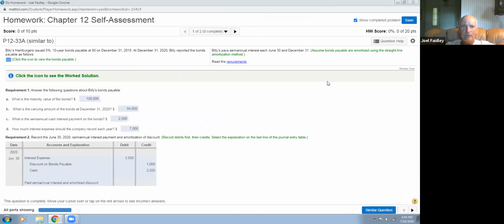Let's see, I got 23% left on my battery. 5% 10-year bonds at 80. You probably got the hang of this by now. Self-assessment is kind of just checking to see if you know what you're doing in this chapter. Maturity value of the bonds, 100,000. Carrying value of the bonds at December 31, 2020.